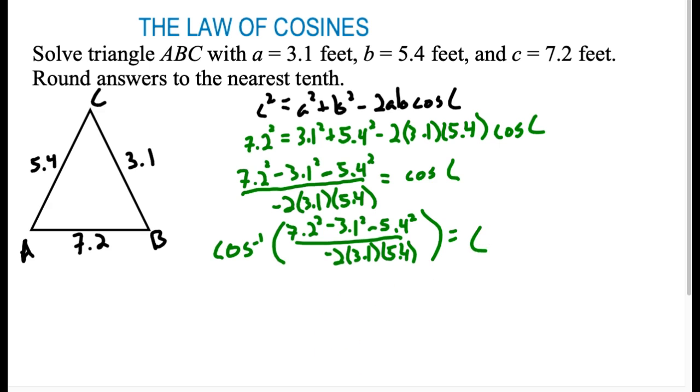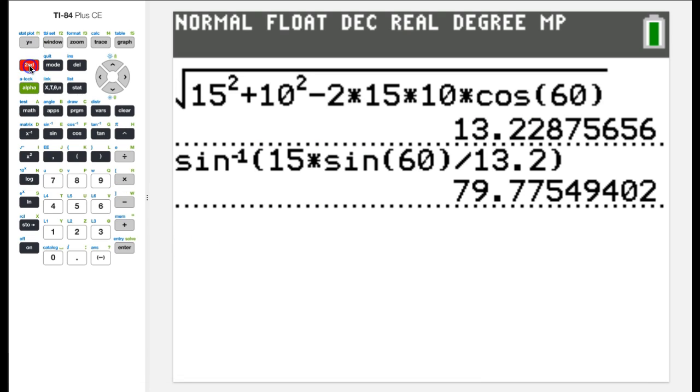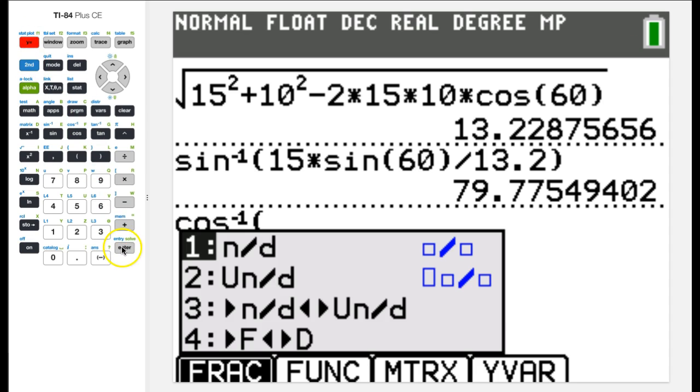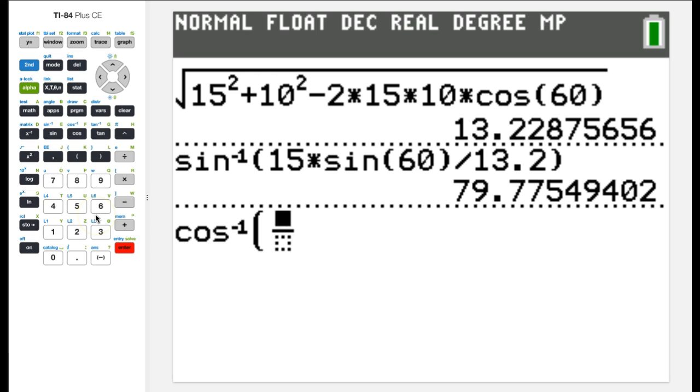All right, so let's pull up our calculator. So inverse cosine of, let's go ahead and get a fraction in here. That'll make it a little bit easier.